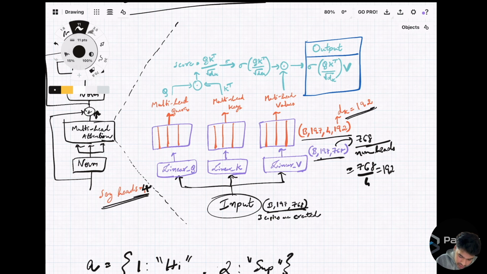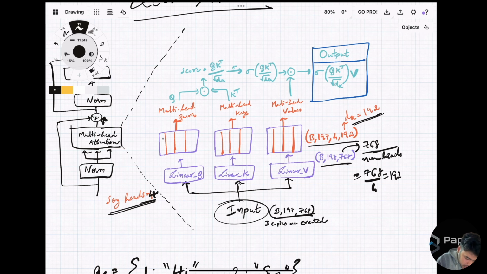Initially it was batch size, 197 and 768, and this is what's going in. But we expand this tensor, make it bigger, so that there are more finer details which can prevail. So batch size, 197, 4 and 192 is a much bigger tensor than batch size, 197 and 768. So we do this expansion and then we do the QK transpose, the formula which we just explained before.